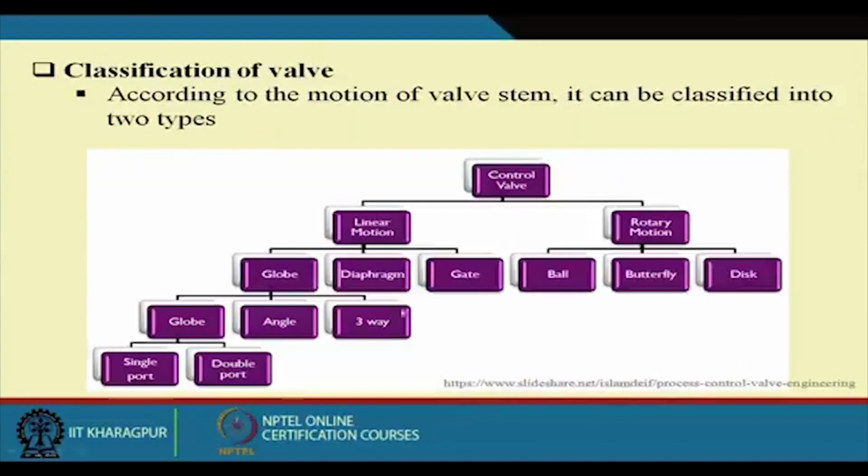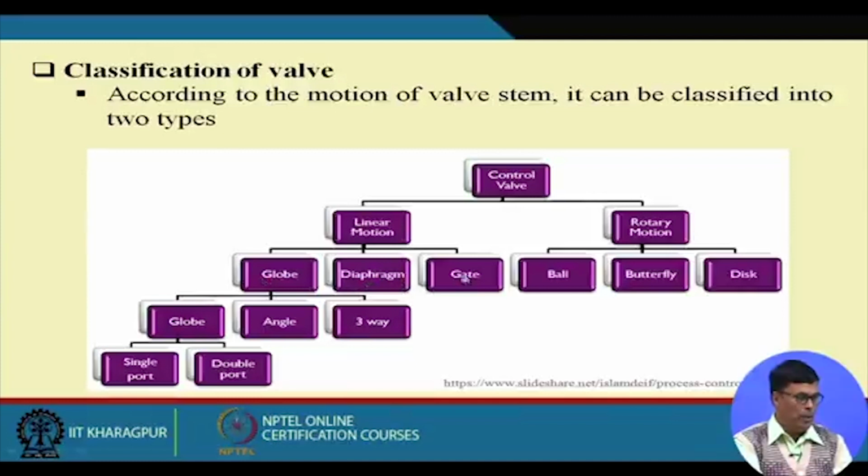Now, what is the classification of valves? According to the motion of the valve stem, control valves can be classified into two types: linear motion and rotary motion. In the case of linear motion, we have the globe valve, the diaphragm valve, and the gate valve. The globe valve again has two types, single port and double port, and again we have angle and three-way.